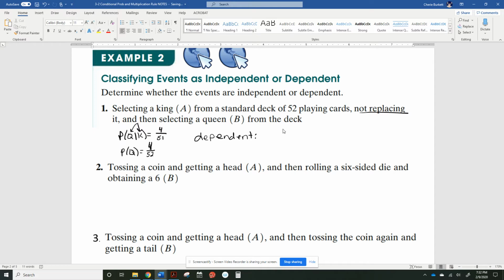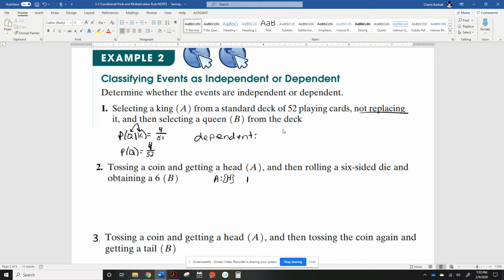It says we are going to toss a coin and it's going to land on heads, and they've labeled that event A. So A is defined to be landing on heads. That's how we would label it. Then we're going to roll a six-sided die and obtain a six.